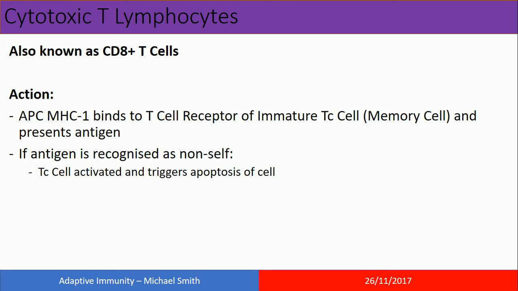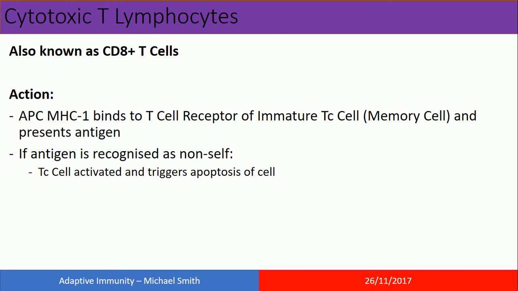And if the T cell recognizes this antigen, then it will activate the T cell, and then the T cell will go and break down the cell which carries that antigen.